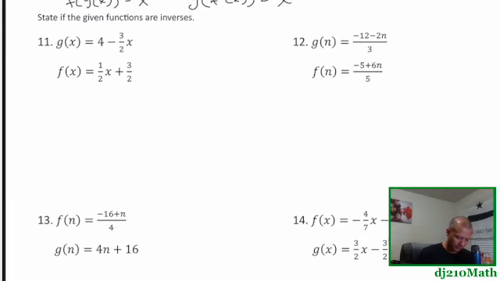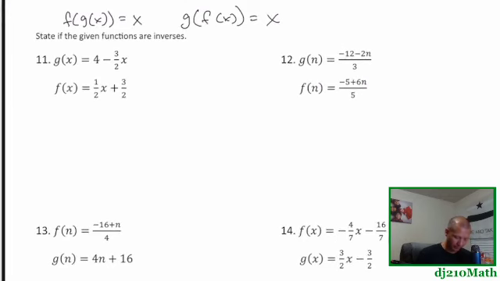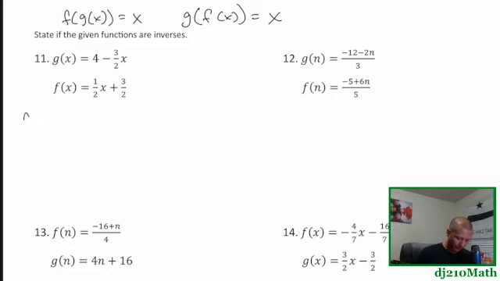So let's look at number 11. It doesn't matter which one we start with. I'll leave that up as a guide. So if we go f of g of x, I'm taking g and inputting it into x.